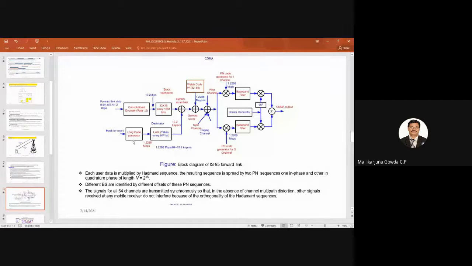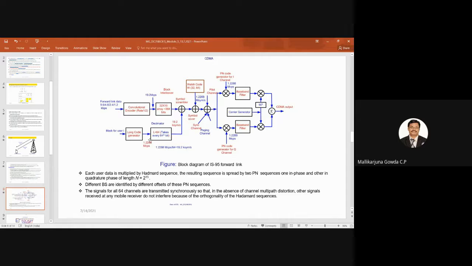It is again a PN sequence generator. Here the period of this long code is 2 power 42 minus 1, so the value of n is 2 power 42 minus 1. The long code generator runs at the rate of 1.2288 mega chips per second, which is the chip rate of this PN sequence generator.